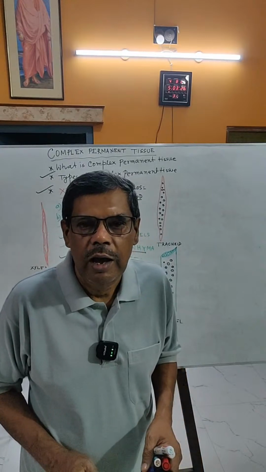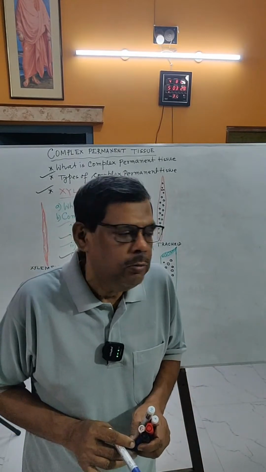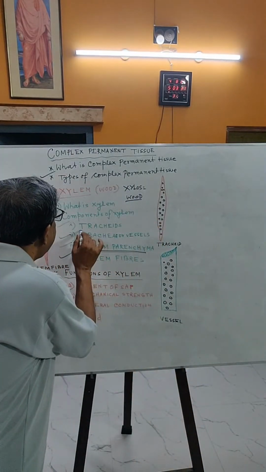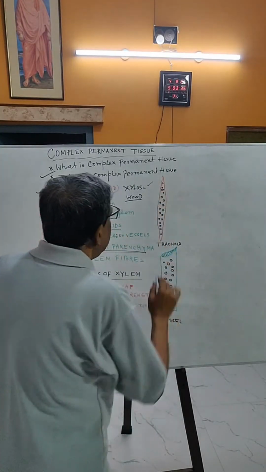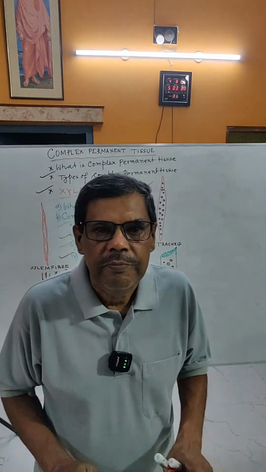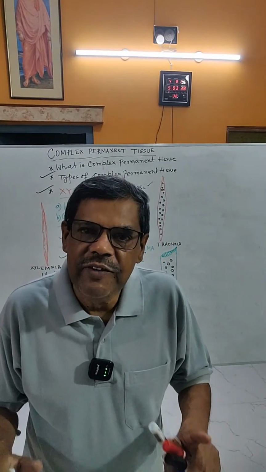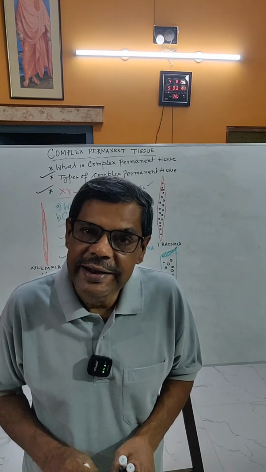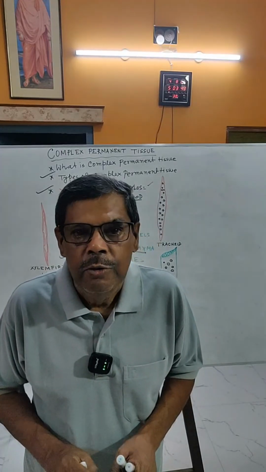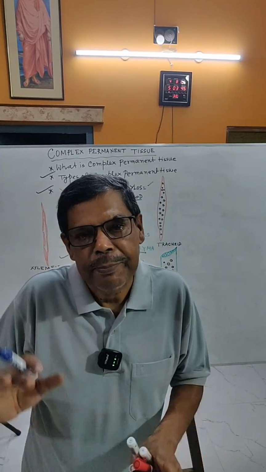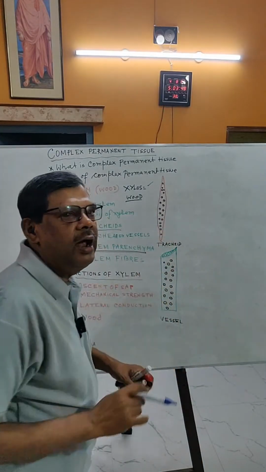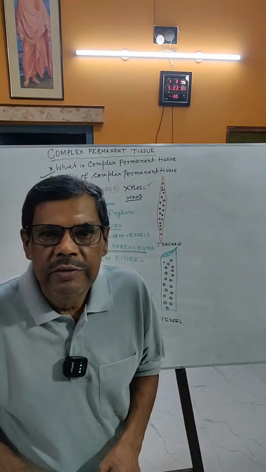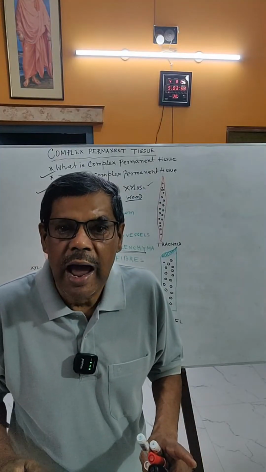First of all, I will discuss tracheids. Tracheids are lignified dead cells which are tapering at the ends. The cell walls are highly lignified.